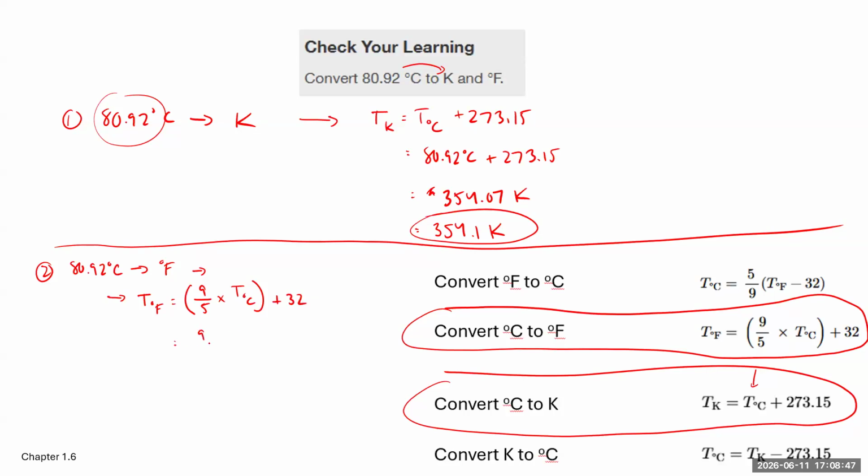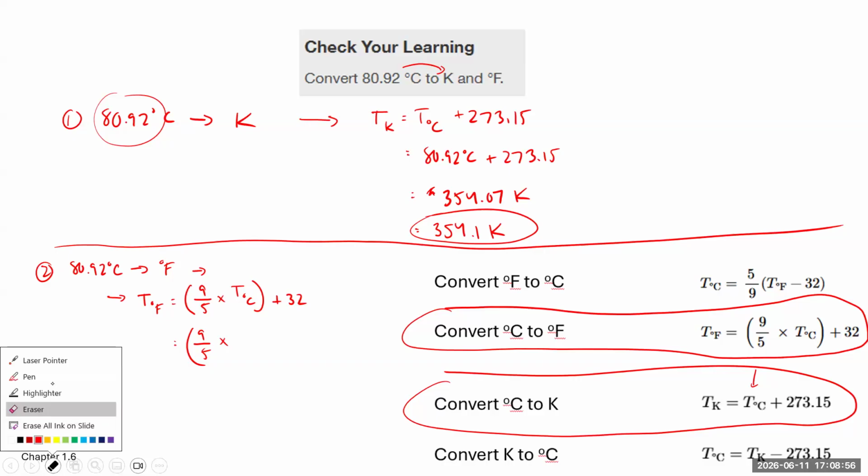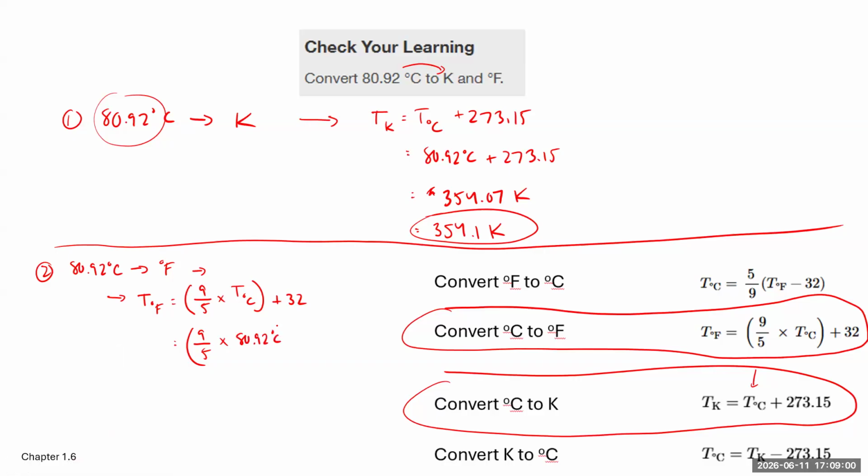Let's plug stuff in: 9/5 times 80.92 degrees Celsius plus 32. All right, PEMDAS: parentheses, exponent, multiplication, division, addition, subtraction. We need to do the parentheses first, so 9 divided by 5.